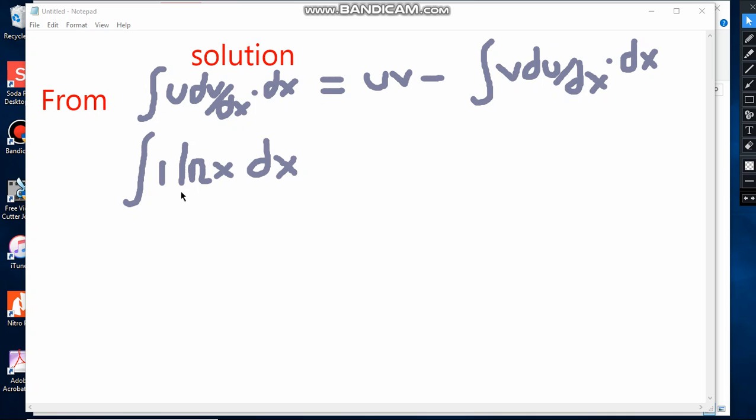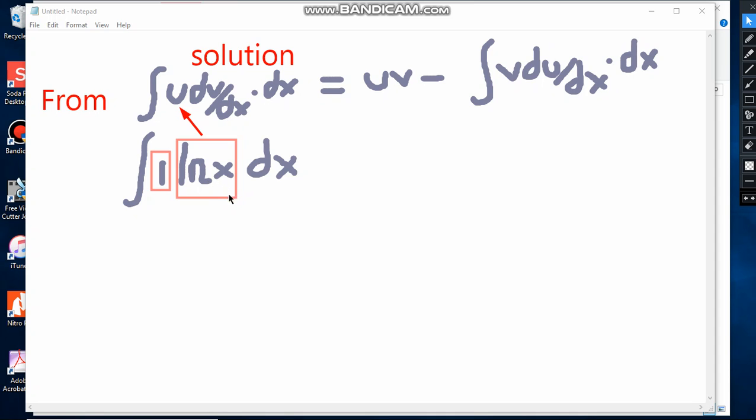In this function we have only ln of x, so we add a constant one, because it has no effect, and thus we have two functions: a constant one, which is the polynomial, and the second one, ln of x, which is the logarithmic.